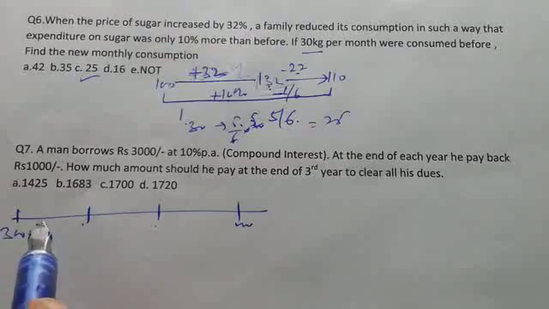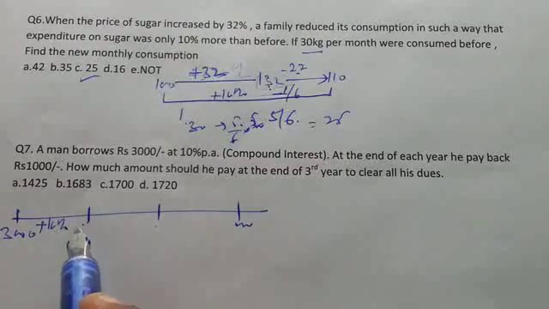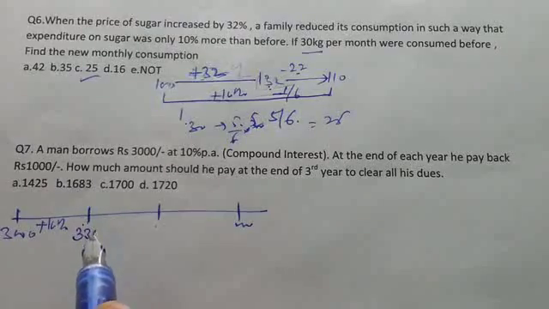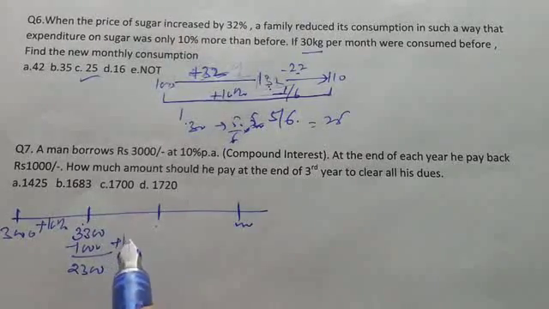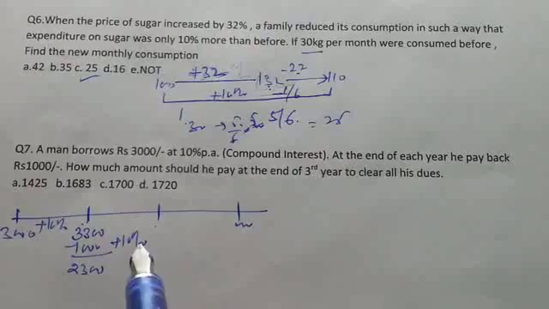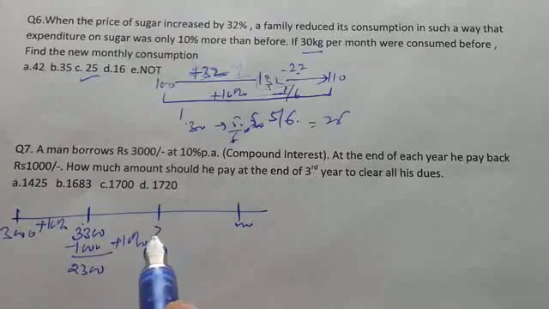So it is 3,000. That means after 1 year, the amount he has to pay is 3,300, but he only pays back 1,000. So that means we are left with 2,300. Again, 10% of it goes for 230. So the amount becomes 2,530.